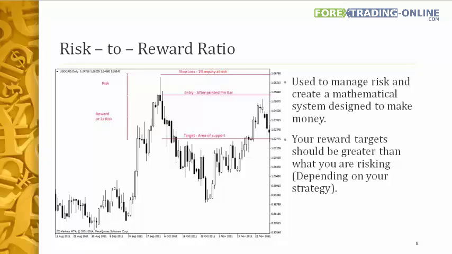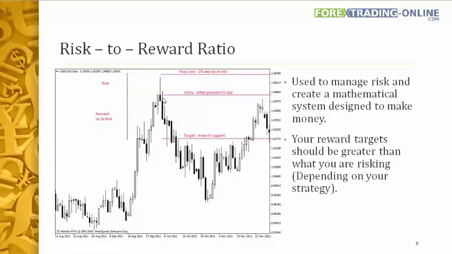However, that is not necessarily the case. It really all depends on the strategy you employ. So for example, in this chart here, we see a potential reversal signal as we see a nice pin bar form here. We'll go into the meanings of different candles and what pin bars are in a later section.